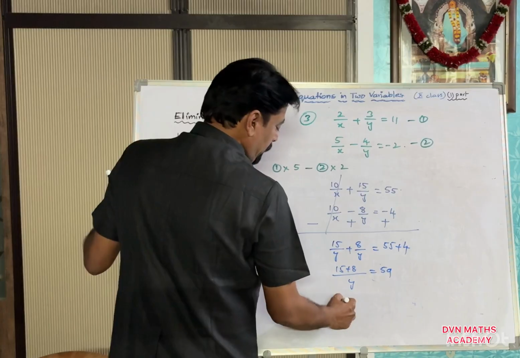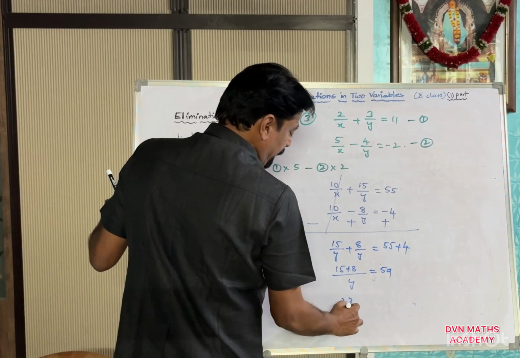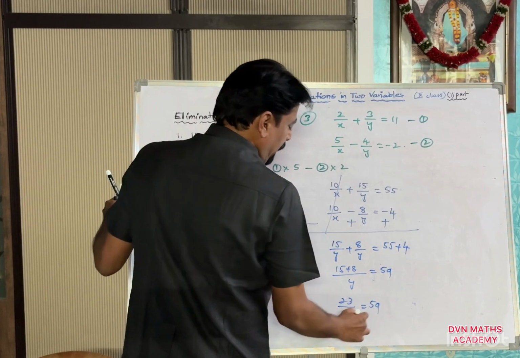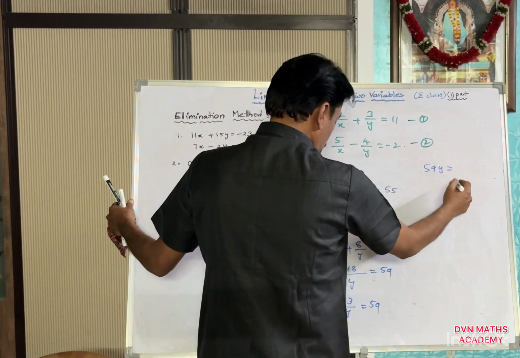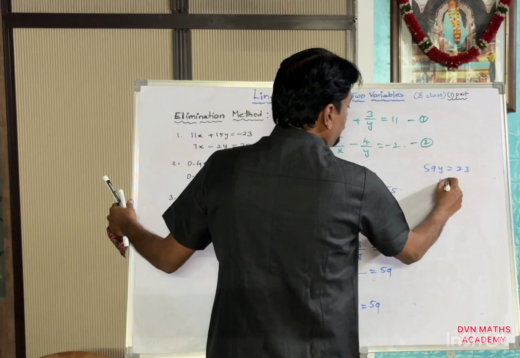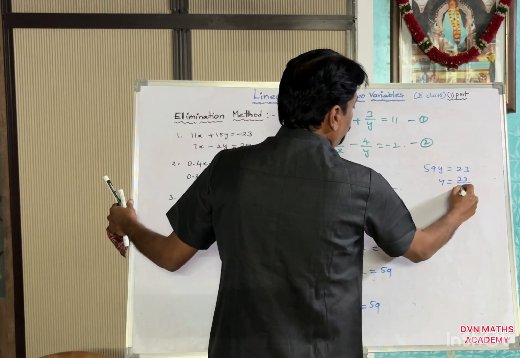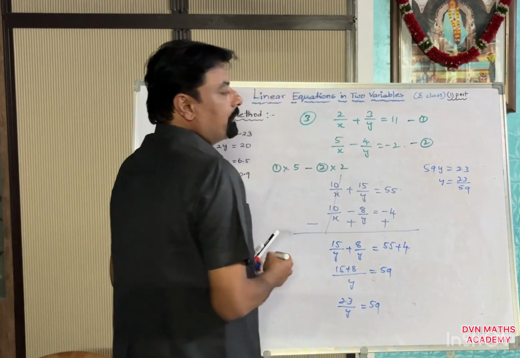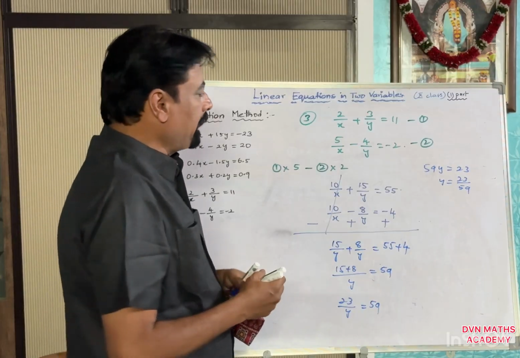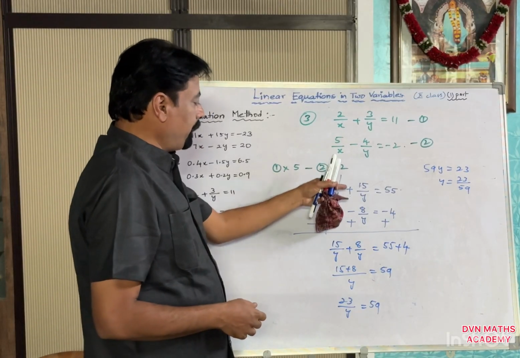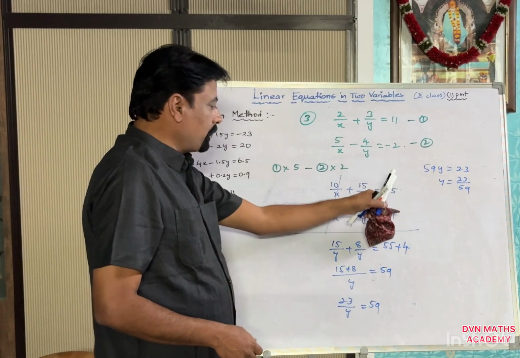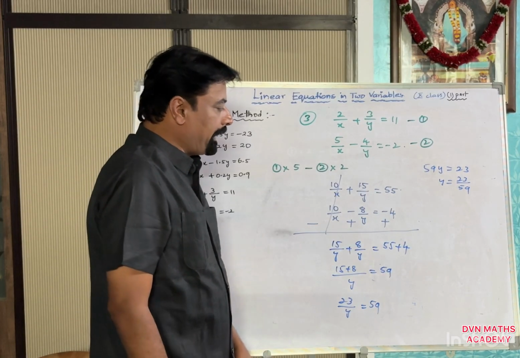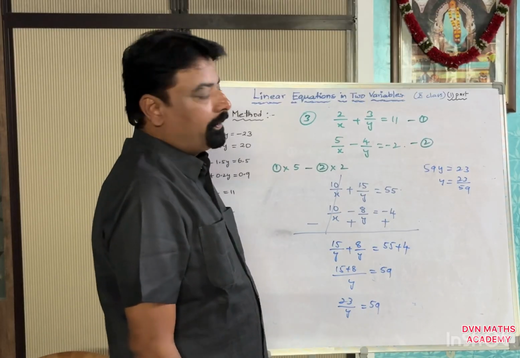So this is 23 by y is equal to 59. So by cross multiplication, 59y is equal to 23 and y is equal to 23 by 59. So like this you will get the value of y.